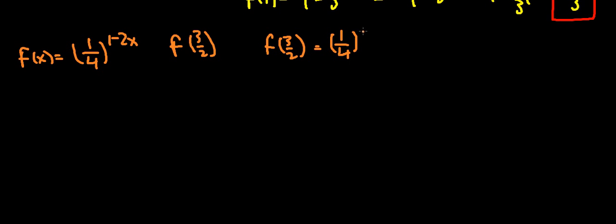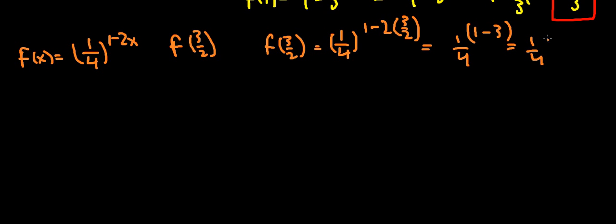What's the base of 1/4 to the 1 minus 2 times 3 over 2? These 2's will cancel each other out. Now I'm left with 1/4 raised to 1 minus 3, to the minus 2.